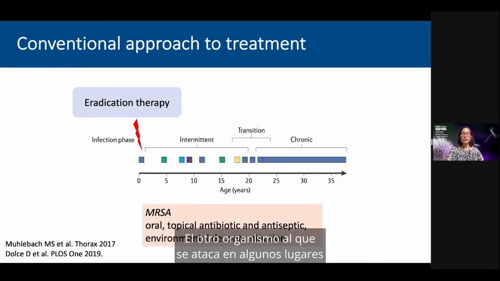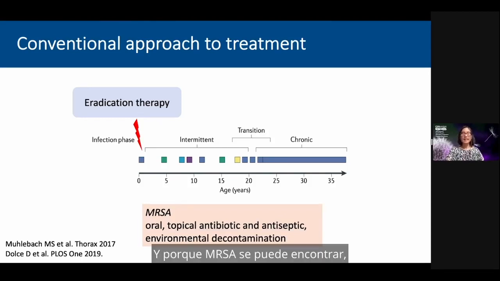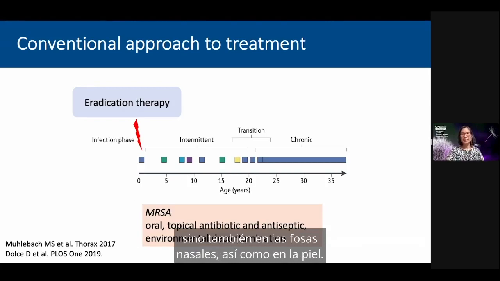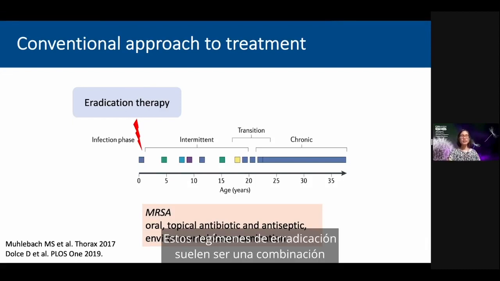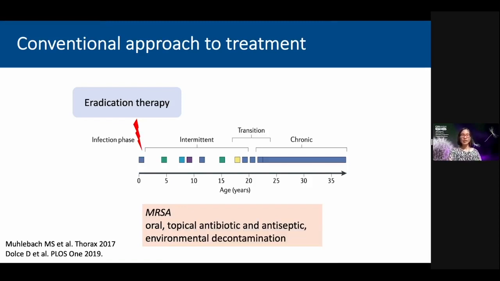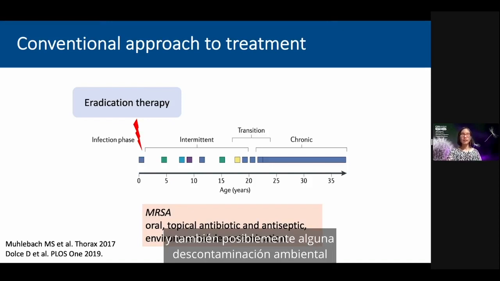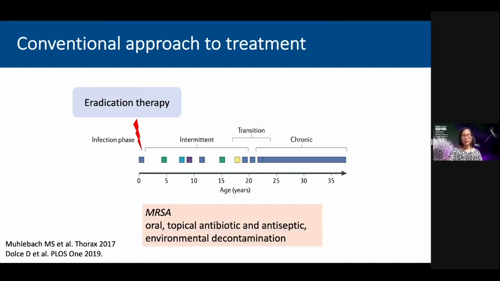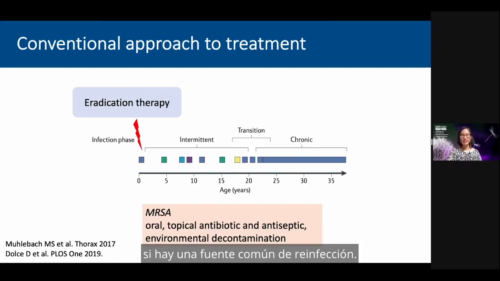The other organism that is targeted in some places is the colonization of MRSA. Because MRSA can be found not just in the respiratory secretions, but in the nasal passages as well as the skin, these eradication regimens are typically a combination of oral and topical antibiotics as well as antiseptics, and possibly some environmental decontamination if there's a common source of reinfection.